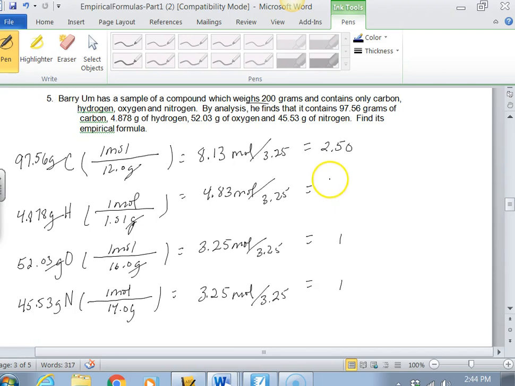It's 1.486. We want to make it 1.5. We're trying to get close to a whole number. Our problem here is that we have halves, and we're not following standard rounding rules here, because we don't know from the compound standpoint of the atoms involved whether we should round up or down, because we've got a half atom here.